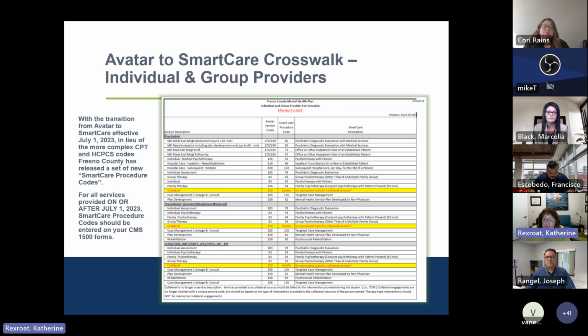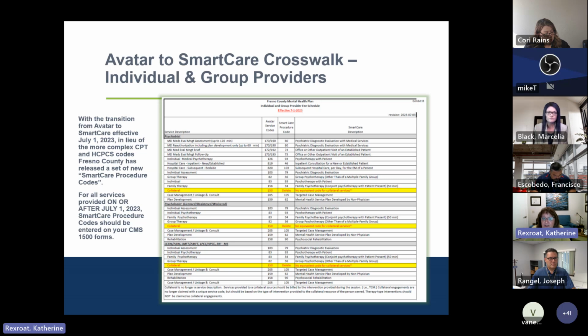For all services provided on or after July 1st, 2023, SmartCare procedure codes should be entered on your CMS 1500 forms. And again, for all services provided on or after July 1st. If you this month are submitting claims for June, please use the Avatar codes.